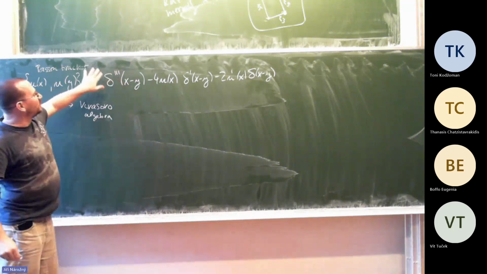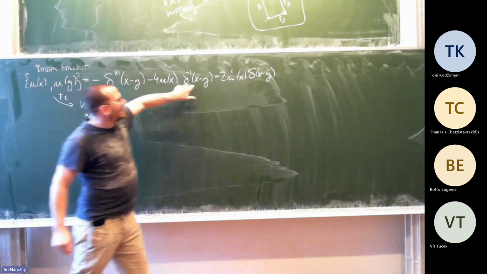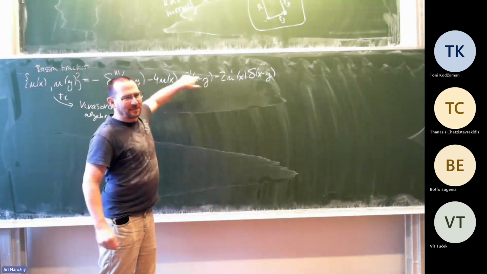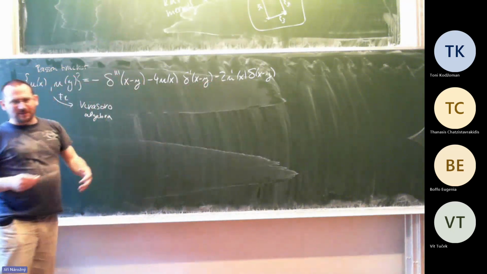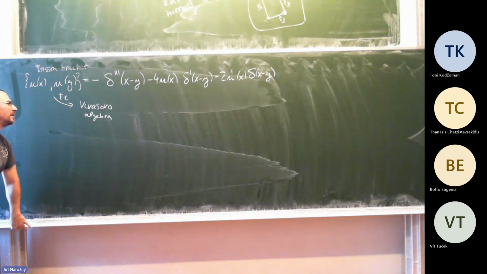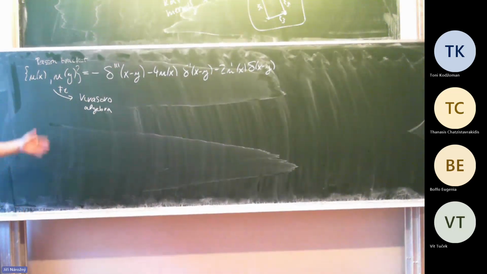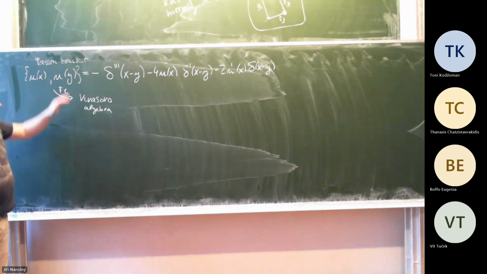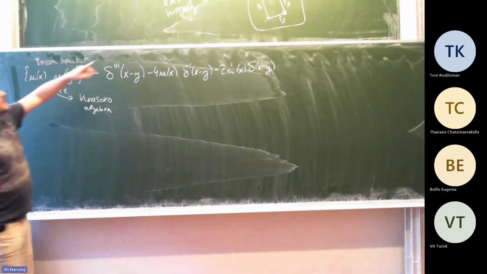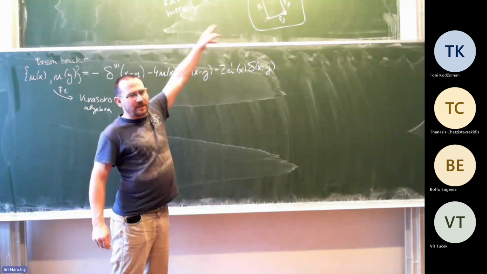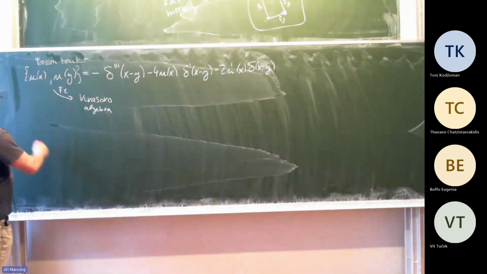This gives you the term with the central charge, and this gives you the first term, (m minus n) times L_{m+n}. So this is a classical manifestation of this. There is some relation to the Virasoro algebra, and with a Poisson bracket, you can try to write those evolution equations as Hamiltonian equations.